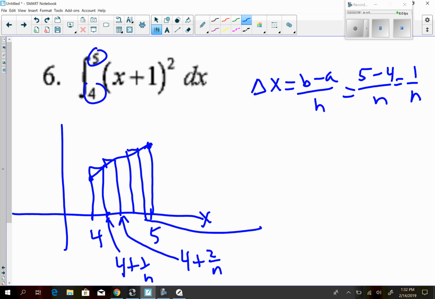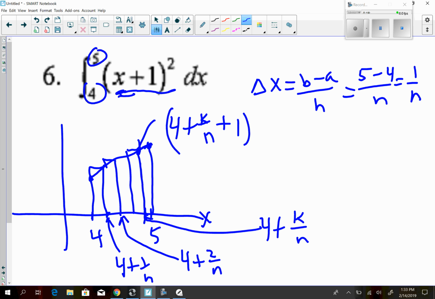If I'm at the kth rectangle, the x I'm pointing to here is 4 plus k times 1 over n. So that's the x-coordinate. Go up here to the graph. The y-coordinate here is whatever x is plus 1 squared. And that is how tall this rectangle is.